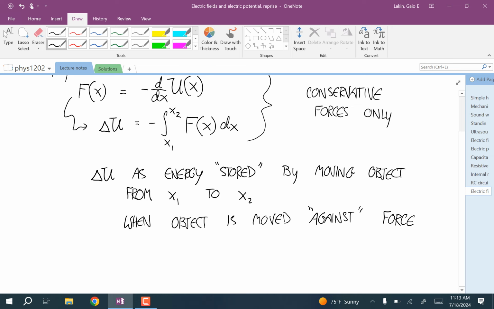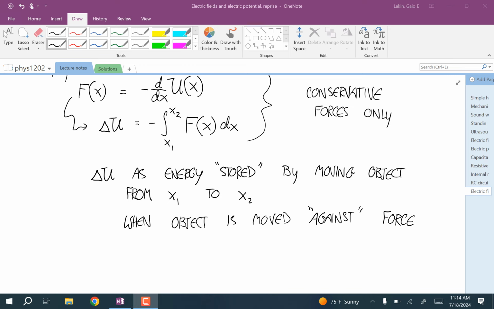And if you have an object with mass and you lift it up 1 meter, you're storing that energy because all you have to do is move away the thing that's keeping it at that higher height, and all that energy is going to be returned to the object in the form of kinetic energy. Okay, so we don't talk about storing gravitational potential energy, but you can think of it that way. If you move an object against the gravitational field, you're storing energy that you can use later.